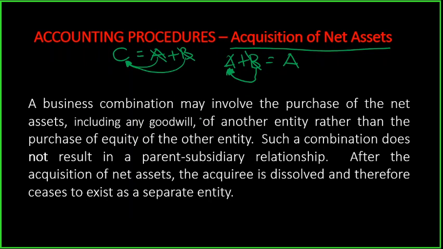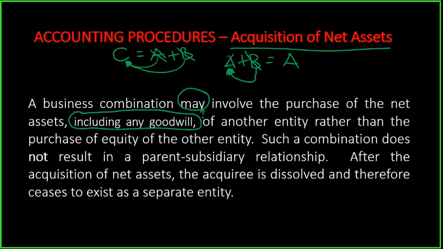A business combination may involve the purchase of a net asset including any goodwill. Ito medyo questionable yan eh. Why? Because sabi, identifiable assets lang. Anyway, okay, the statement is safe naman. May involve. Ayan. Rather than the purchase of equity of another entity.